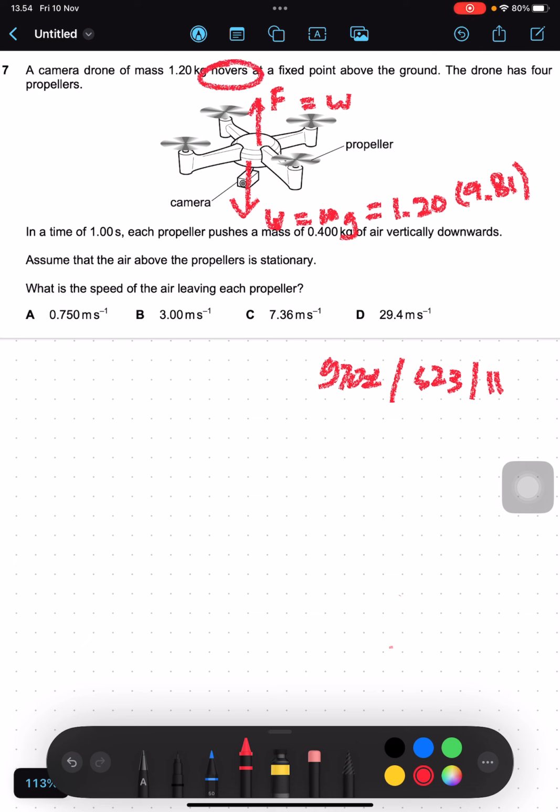Then this is actually for Newton's third law, where the consequence is that the impulse equals the change of momentum.